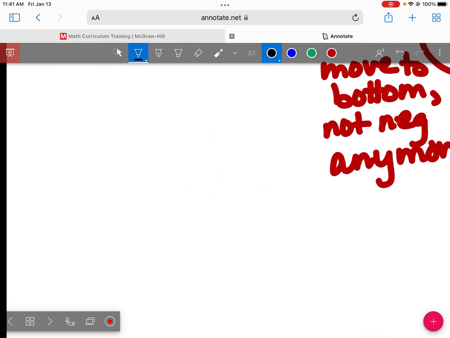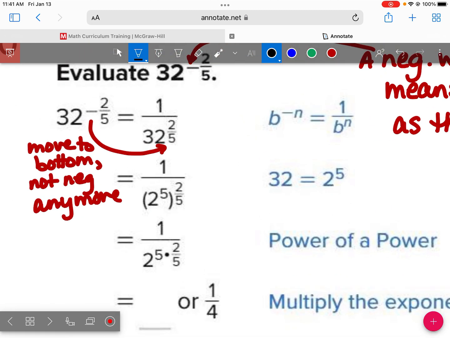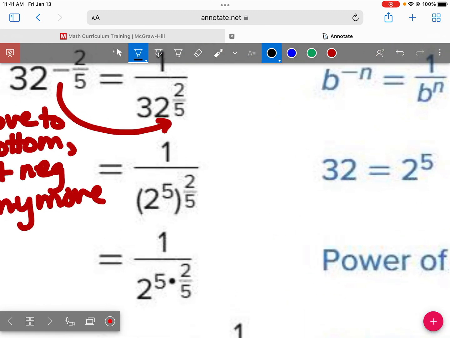So another example of this would be if I had, say, 3 to the negative 4. How should I rewrite that so that it's not negative anymore? 1 over 3 to the 4th, yes. All right, so the first thing we do whenever we see a negative exponent is we're going to write it as the reciprocal. It's going to go down to the bottom of a fraction.